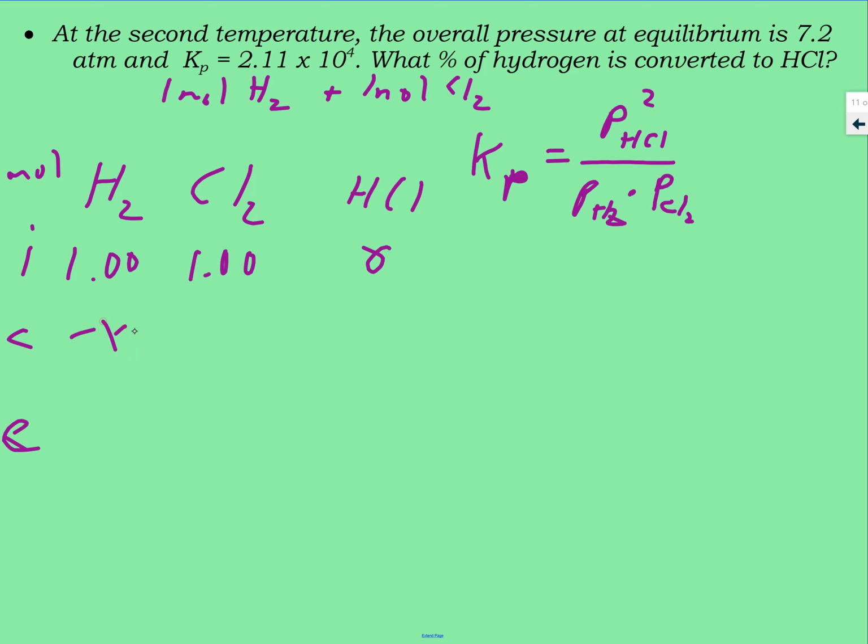So we're going to say it's going to change by x, by x, and by 2x. Those are both negatives for the changes in H2 and Cl2 because we're going to use them up, and we're going to make 2x. So we get 1 minus x, 1 minus x, and 2x.